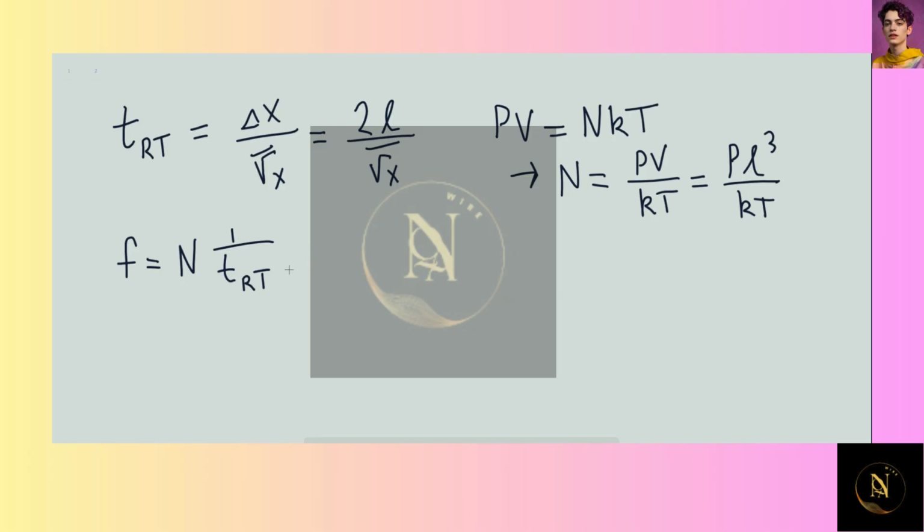And we can now replace N with all of our other stuff and replace TRT with this expression. So doing a little bit of multiple replacements, we can do this substitution. Doing some simplification, we are left with the expected result.